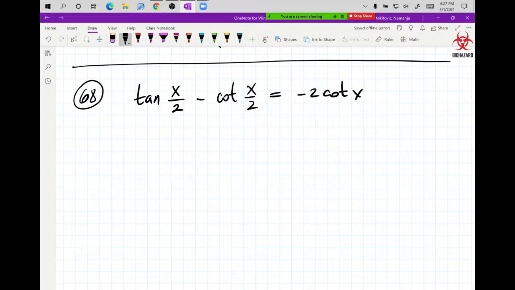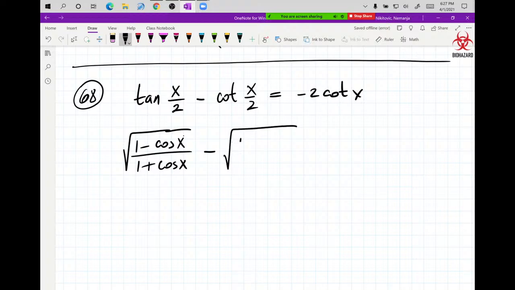So the first one would be the square root of 1 minus cosine x over 1 plus cosine x, minus, and this one will be flipped, the square root of 1 plus cosine x over 1 minus cosine x. Now, there is nothing that we can do on the other side other than write it as a cosine over sine, which for now we don't have to worry about.